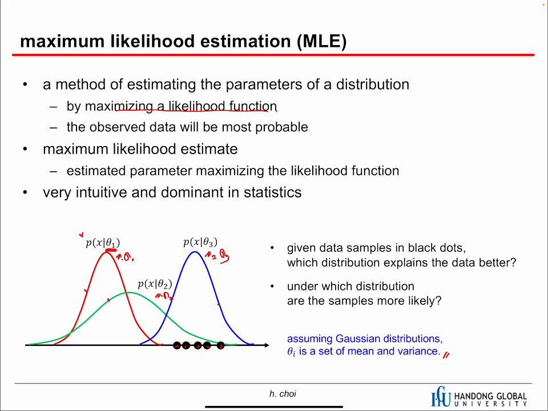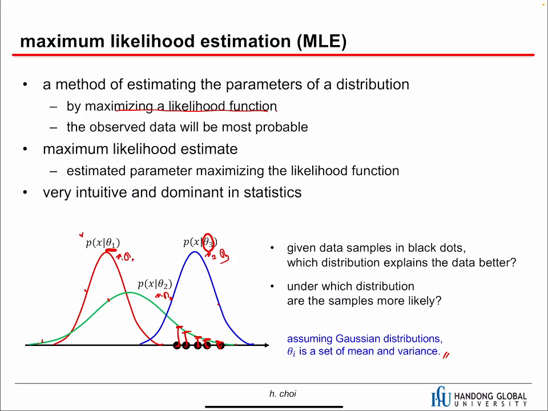Again, if we fix these parameters at a certain value, then we can define the distribution function exactly, and then we can calculate the probability of these samples. For example, if we assume these green distributions here and we have 5 samples, then the probability looks like this. We have a probability here and here and here and here. So all of these 5 samples are not likely.